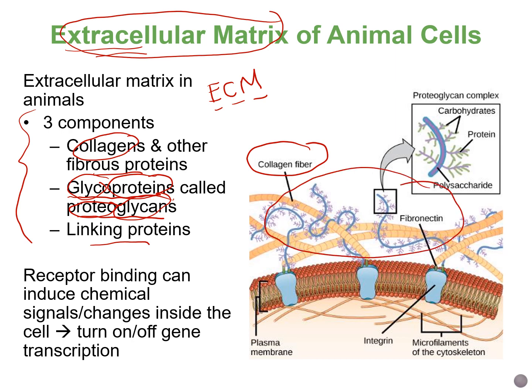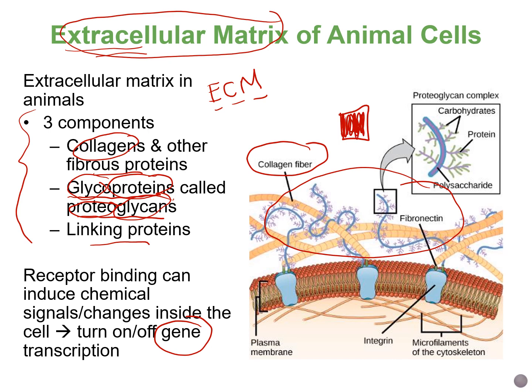Interestingly, this extracellular matrix can impact the genes inside the cell by turning them on and off if something changes the shape of the extracellular matrix. Often what happens is that some kind of signaling molecule will bind. Let's pretend this square is a signaling molecule.